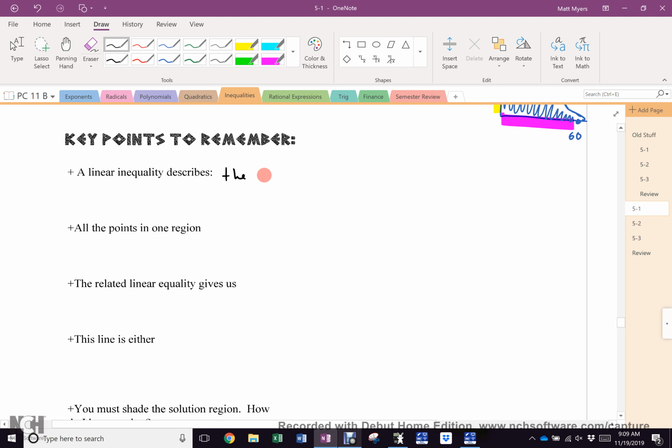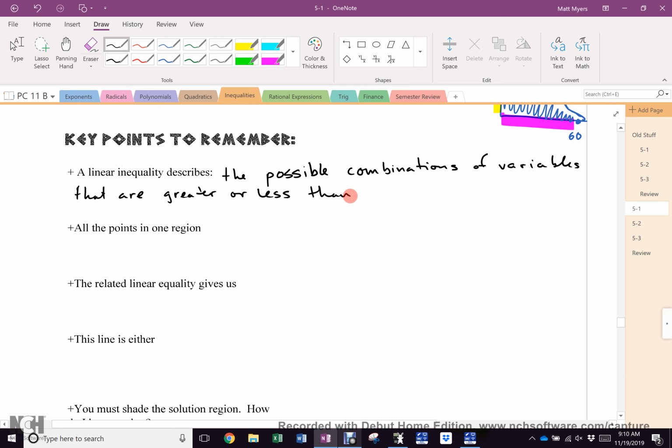Describes the possible combinations of variables that are greater or less than a boundary. How's that?